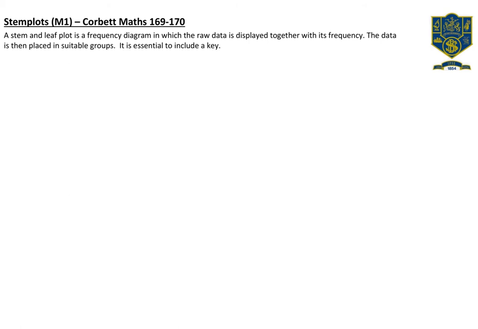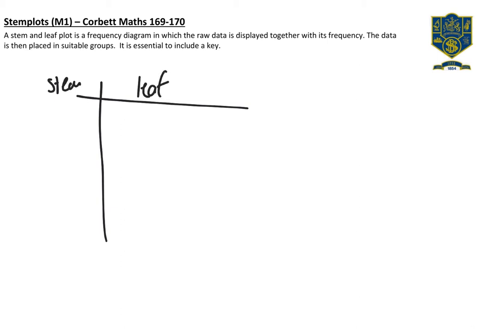So what we have in a stem and leaf diagram is a stem, a leaf, and we might have numbers like so. And with these, we need a key to understand what these numbers mean.